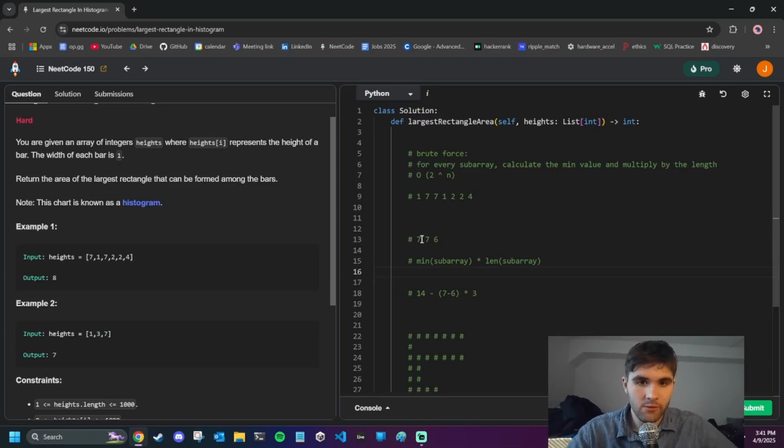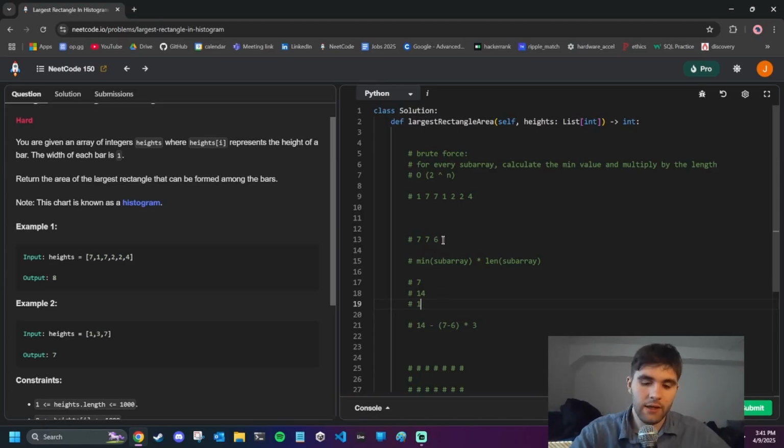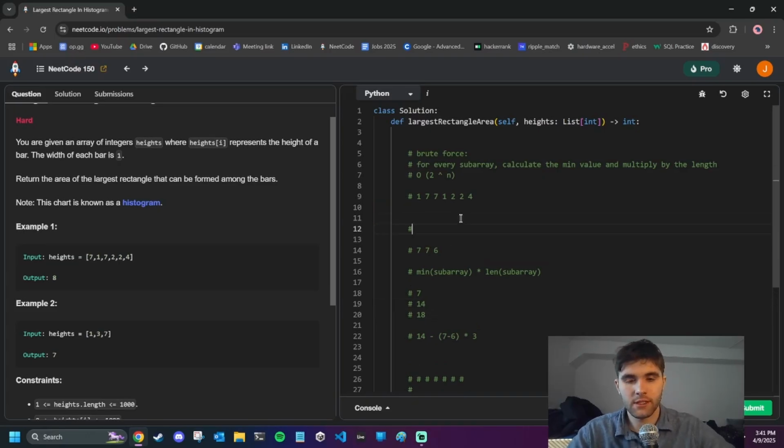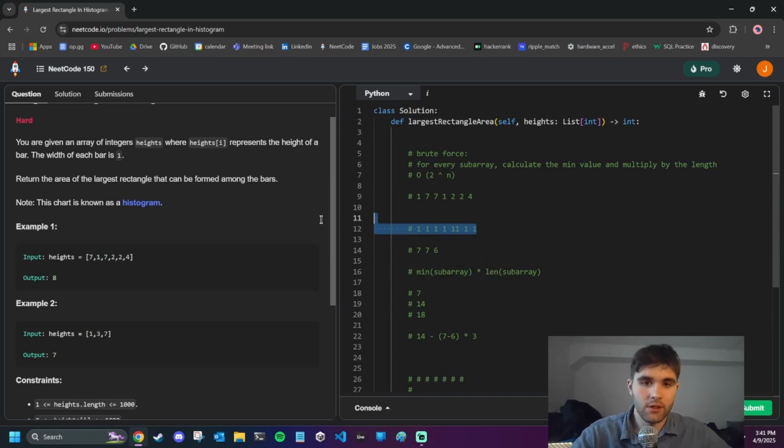So when our subarray is just 7, it's 7. When it's 7 and 7, it's 14. When it's 7, 7, 6, it is 6 times 3, 18. And also, if you have all ones, this length becomes important.